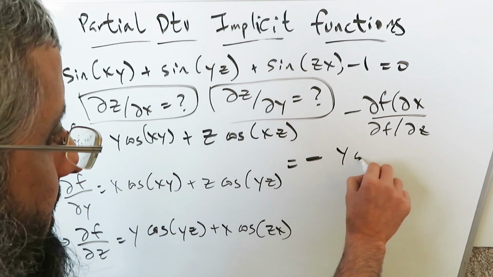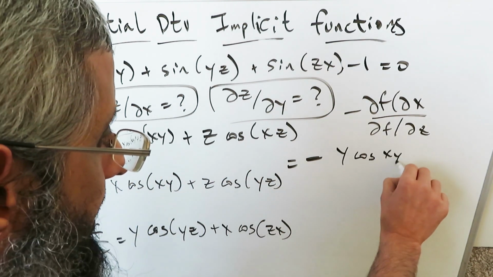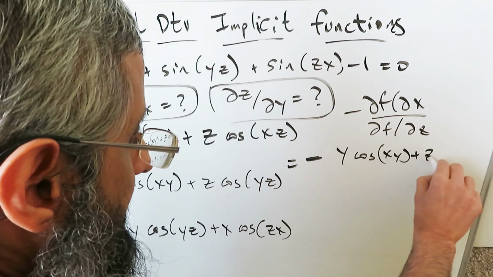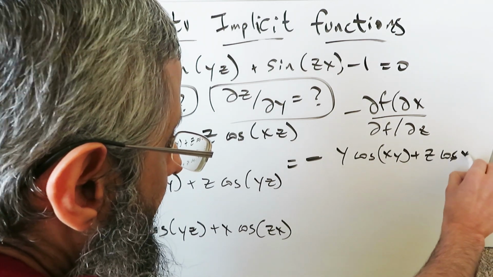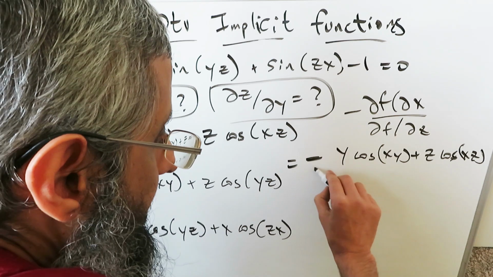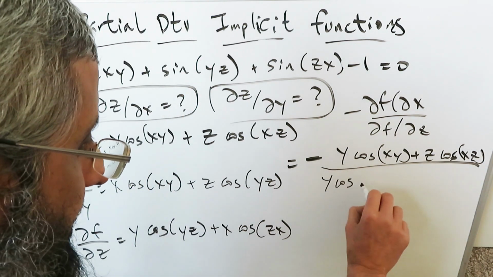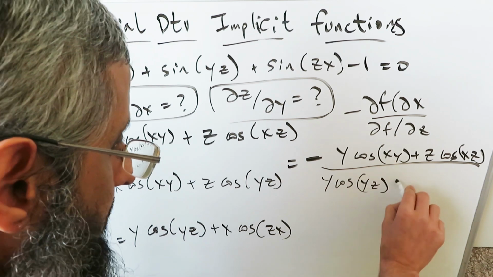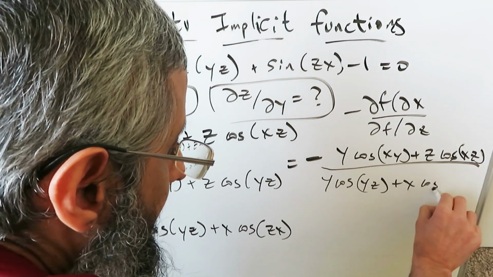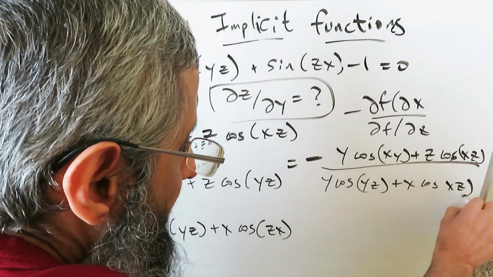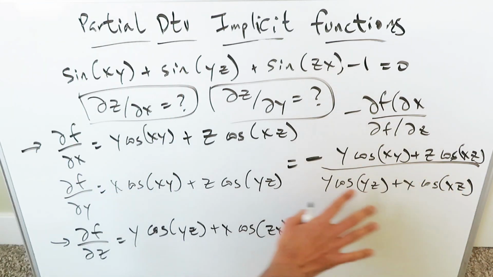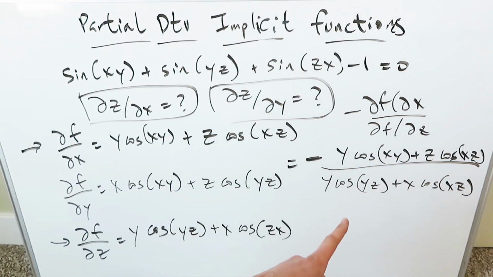It'll be y cosine xy plus z cosine xz divided by this other item right here on the bottom, which will be y cosine yz, and then plus x cosine xz. You can't cancel anything out because their coefficients are different, so nothing will cancel out, but that right there is your answer for this, and it will be correct.